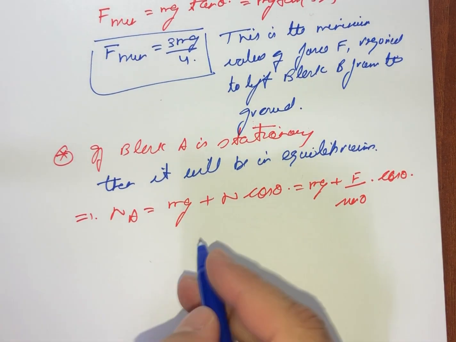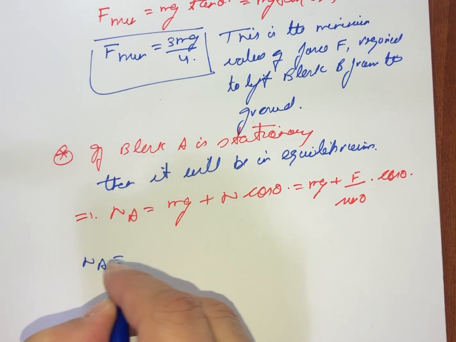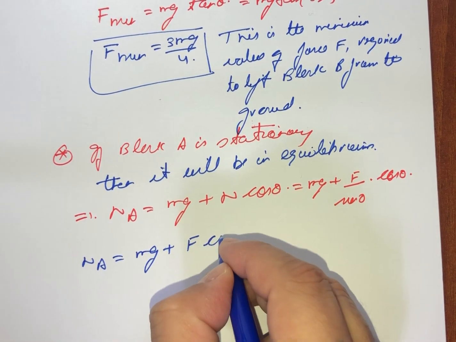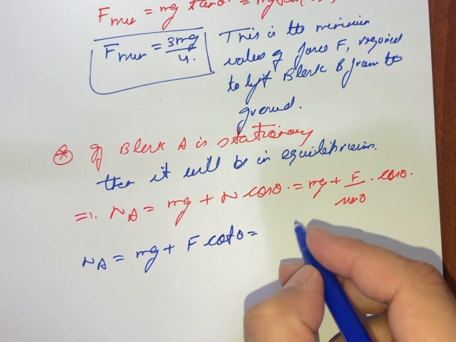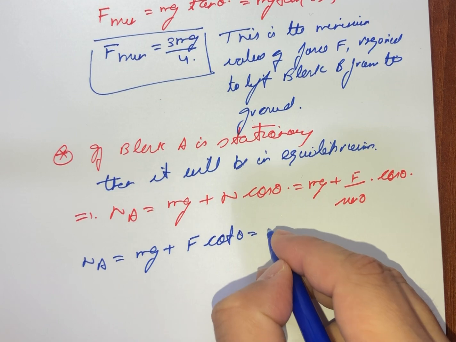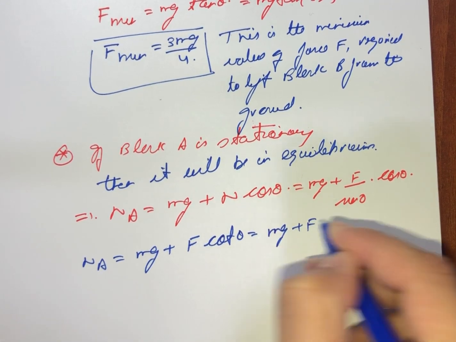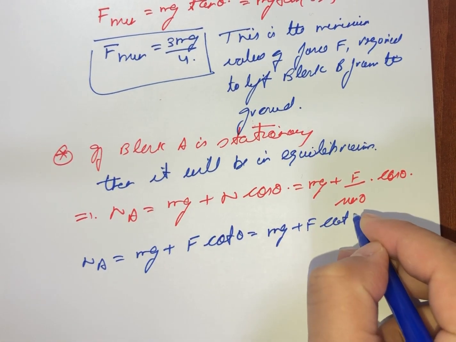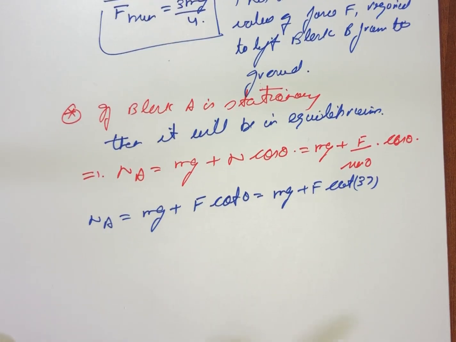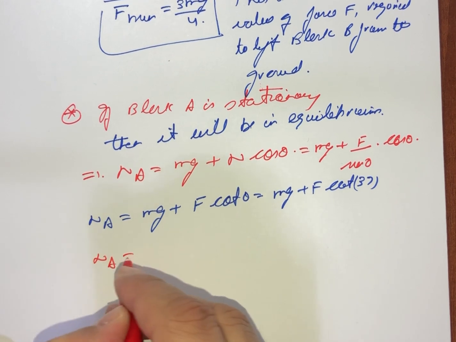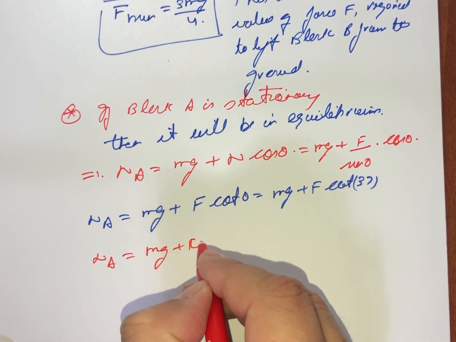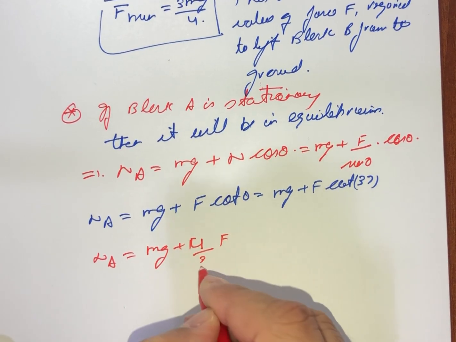Therefore, we get that N_A is equal to mg plus F cot theta, and cot 37 will be 4 by 3. So we can say N_A is mg plus 4 by 3 F.